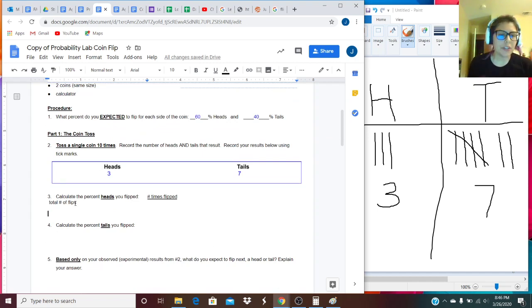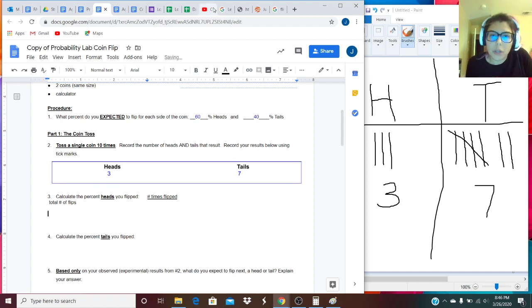All right, so let's say we've collected our data, which we have. Now we're going to go ahead and calculate. So we are going to calculate the percentage for heads. So what is this math going to look like?